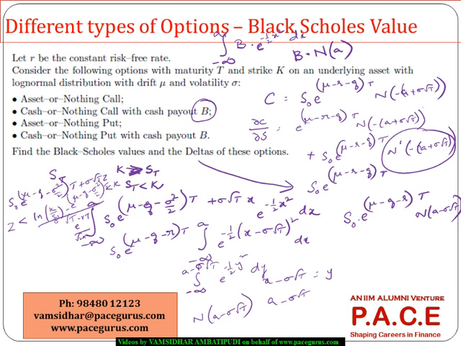So this is how we can very well compute for both cash or nothing call, cash or nothing put, asset or nothing call, asset or nothing put, depending on whether mu is equal to r or mu is not equal to r. The complete Black-Scholes value, and after that doing a differentiation of that with respect to S is going to give me the deltas for those kind of options, right?